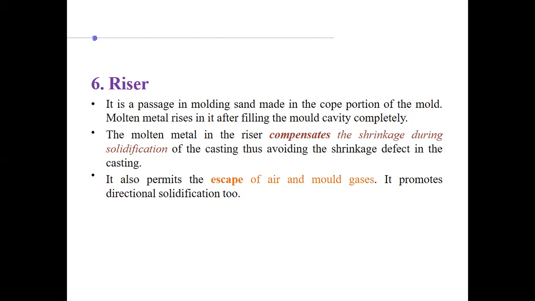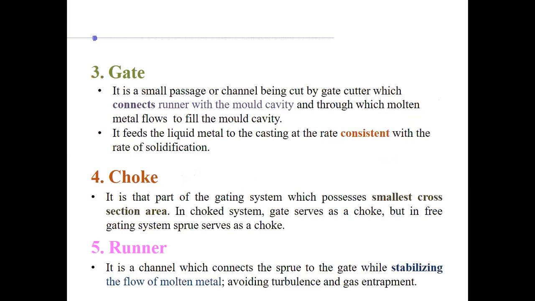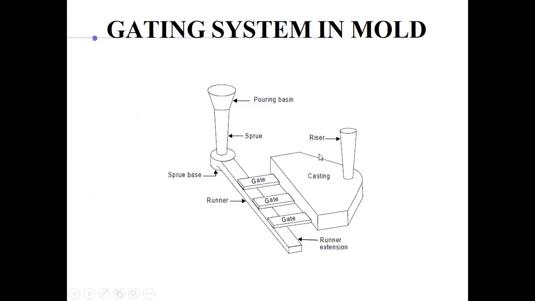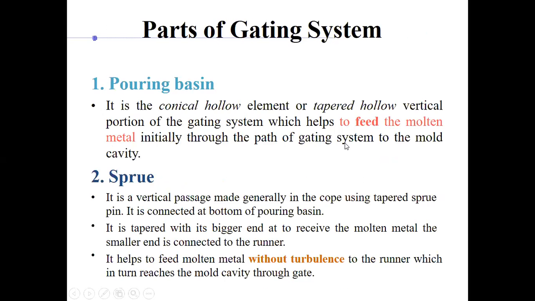So that would no longer be a useful purpose of the riser. It also permits the escape of air and mold gases. It promotes directional solidification also, right? Keeping the proper riser at proper positions helps to ensure directional solidification and the escape of air and mold gases, right? They can come outside through that riser system.